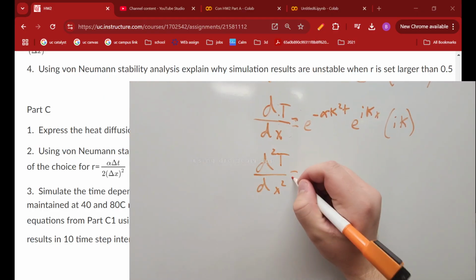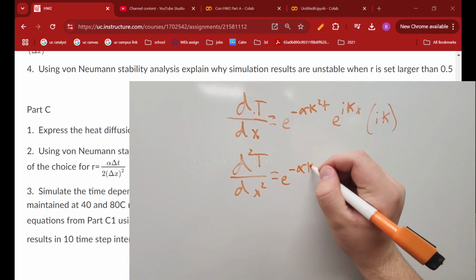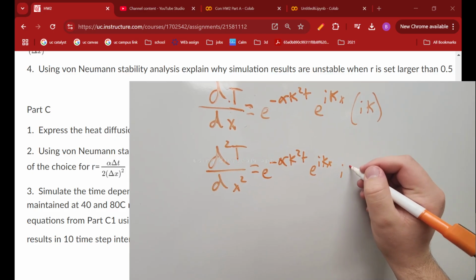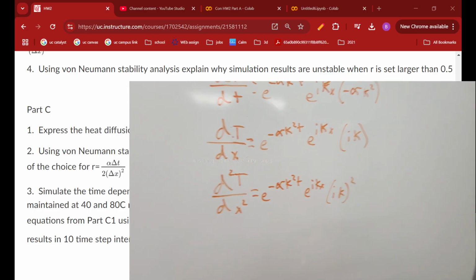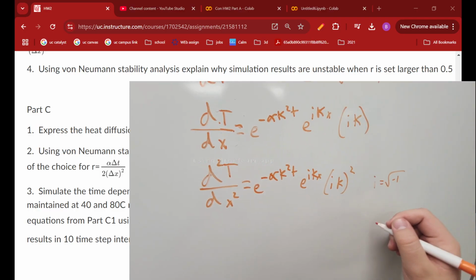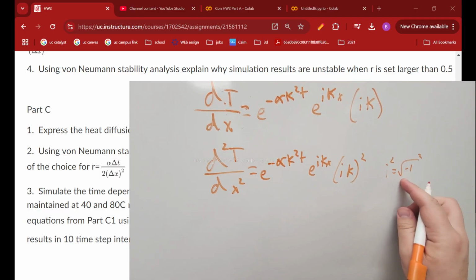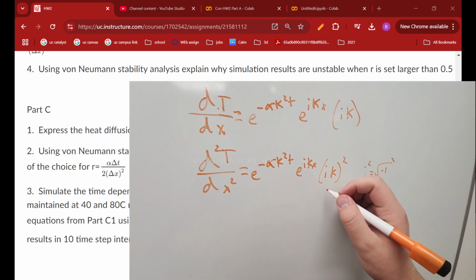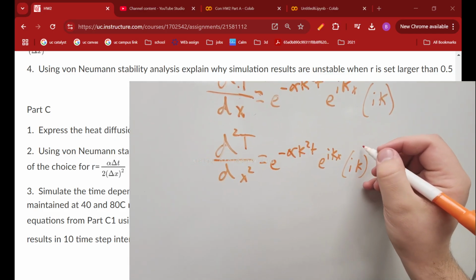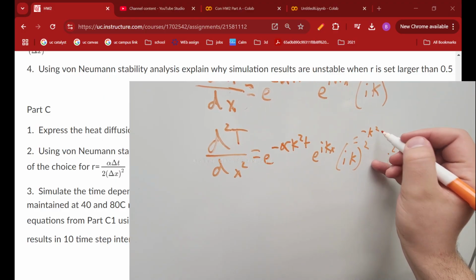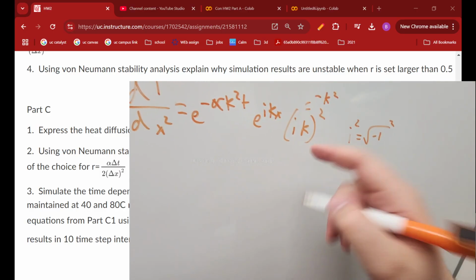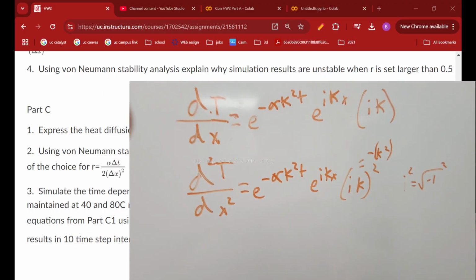And then here we would keep the constant again. Which, you know that i is equal to this. So if we square i, we square this. We'll just have negative 1. So then, due to this, we're just going to take this and make it negative k squared. These would have i squared and k squared. So it would be whatever k squared is, negative.